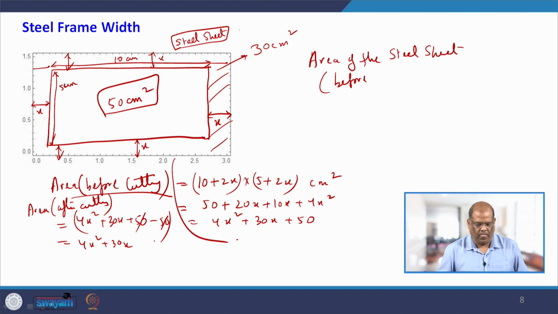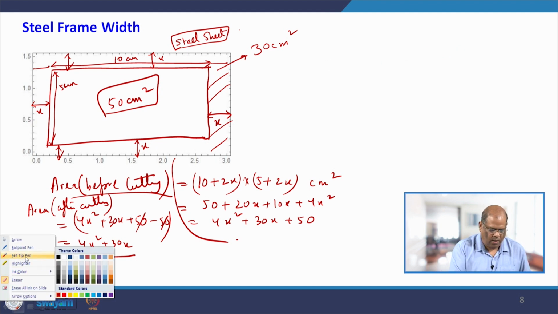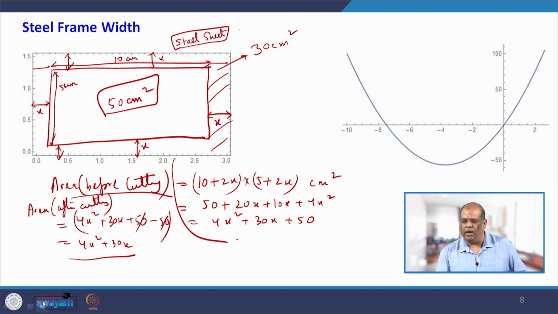So, again you have to plot this curve and get the global minimum in this case. So, if I plot it, I will get the curve like this, but this value has to be 30 centimeters square.